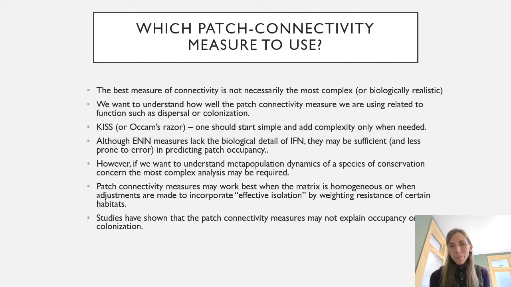So scientists wrestle with which patch connectivity measure to use. The best measure of connectivity is not necessarily the most complex or biologically realistic. Some of the patch connectivity models we've just talked about really are maybe best used when the matrix is homogeneous, or when adjustments are made to incorporate a better biological understanding of organisms and this concept of effective isolation by actually weighting resistance of certain habitats and an organism's willingness to move through it.